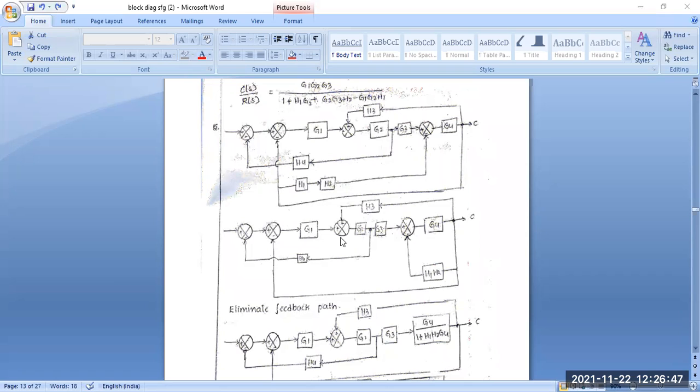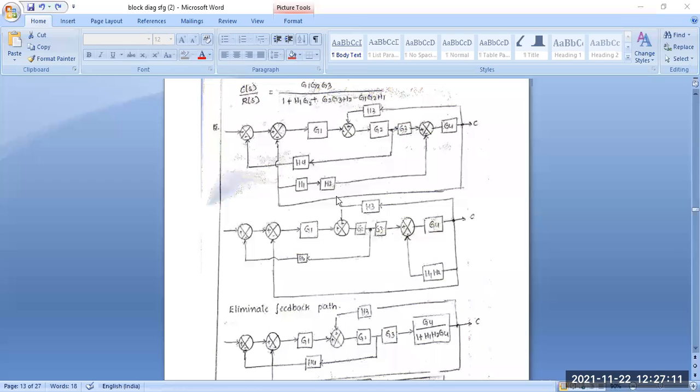Okay. So first we have to apply the feedback path. Here you can see H1 and H2 are in series connection from this summing point to that summing point. That summing point is also connected to the G4 block. So first we have to eliminate the feedback path.